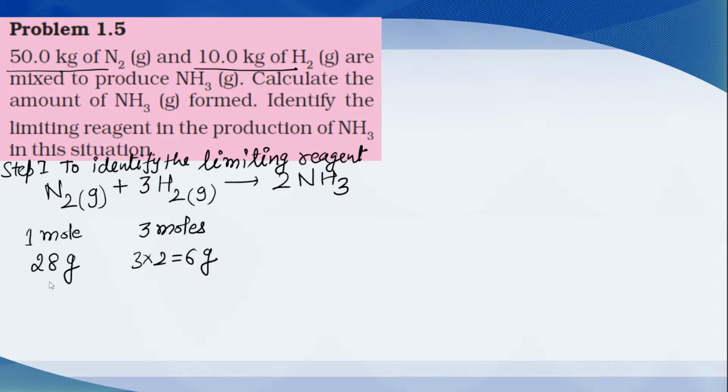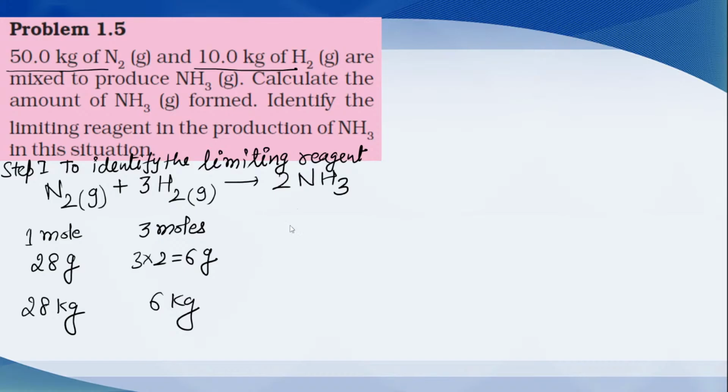But the same masses are given in kg. So 28 kg of nitrogen will react with 6 kg of hydrogen. By using this known relation, we can identify which one is the limiting reagent.